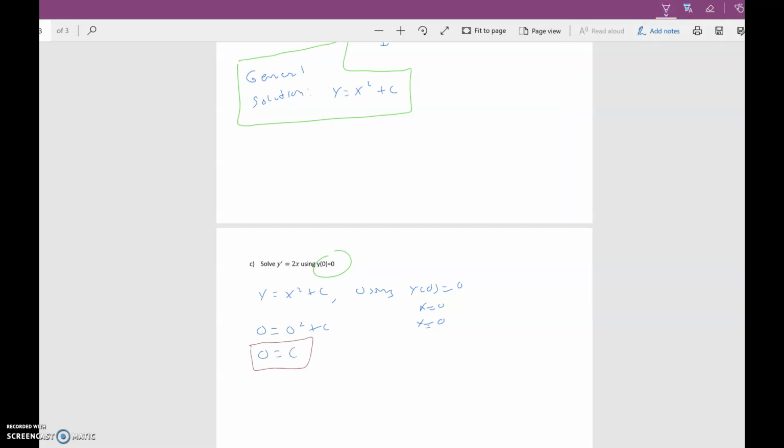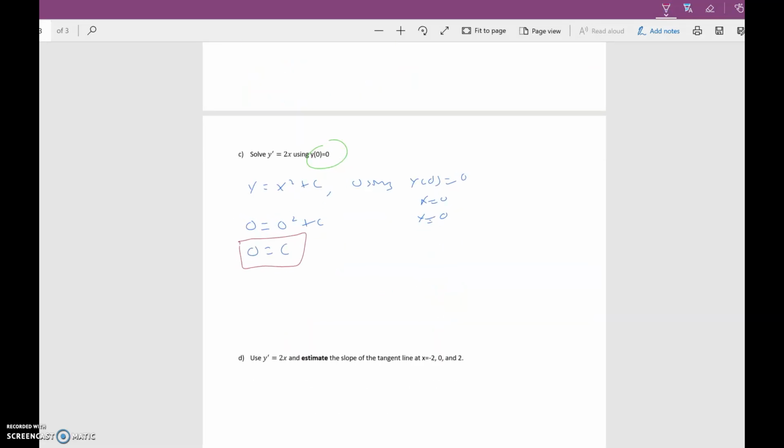So in this case, the particular solution, or the solution to this system, is y equal to x squared using y of 0 equal to 0. And what this represents, I made it so that it represents one of the solutions that we did in the past.